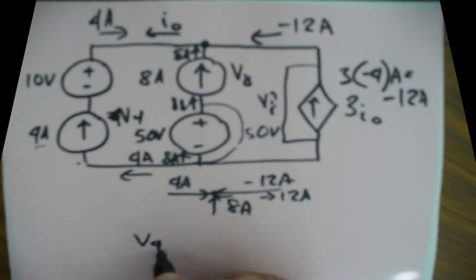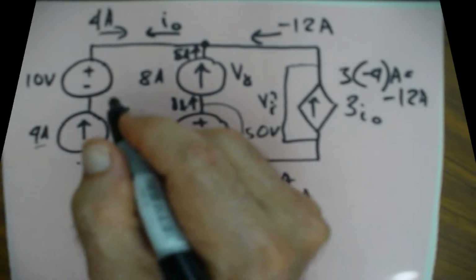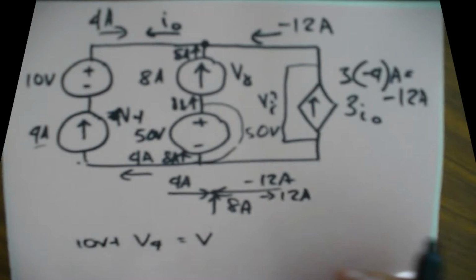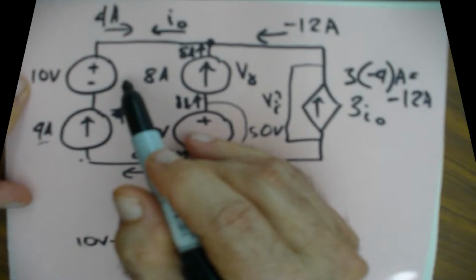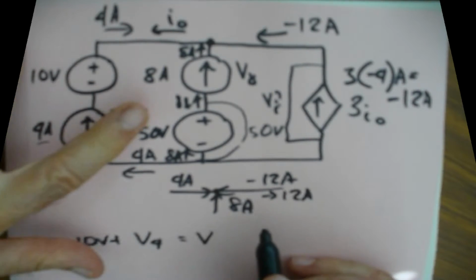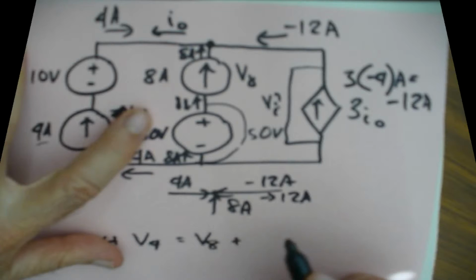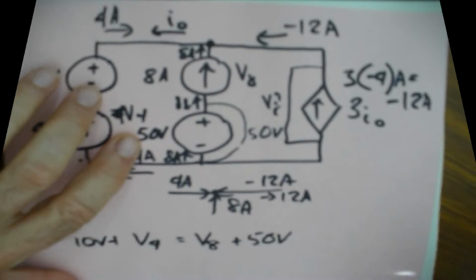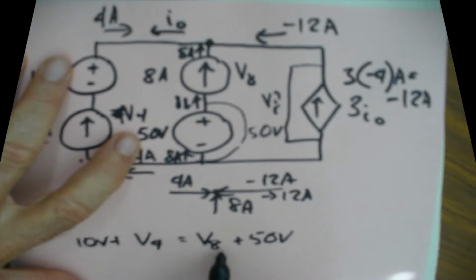So V4 plus 10 volts is equal to V8 plus 50 volts. But we don't really know what these V4 or V8 are.